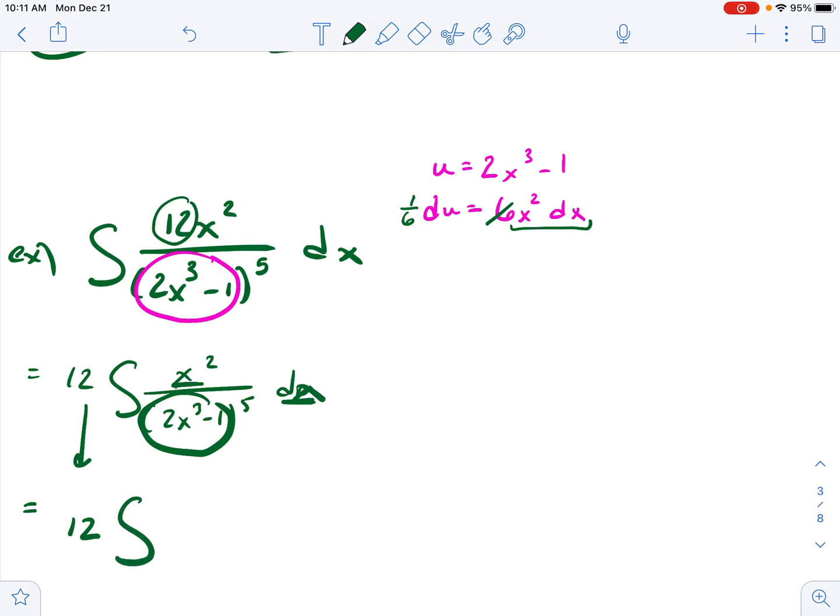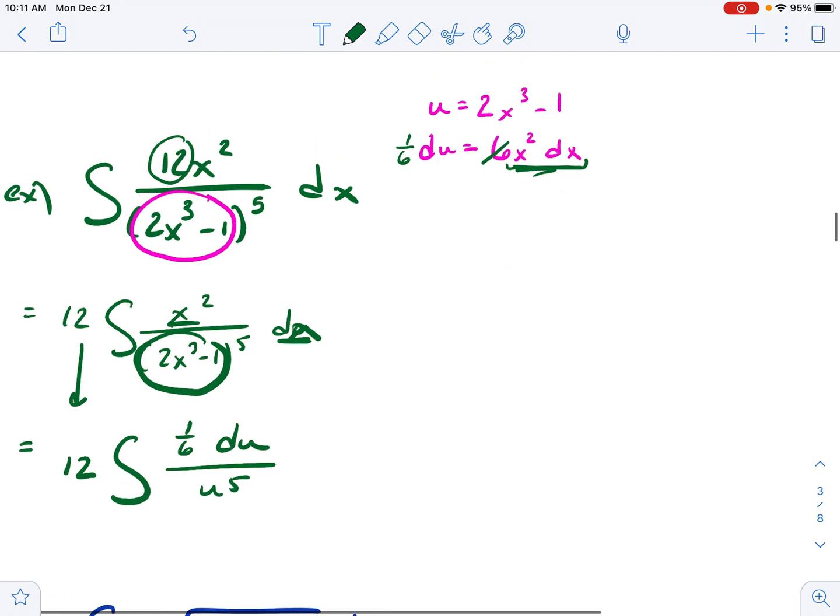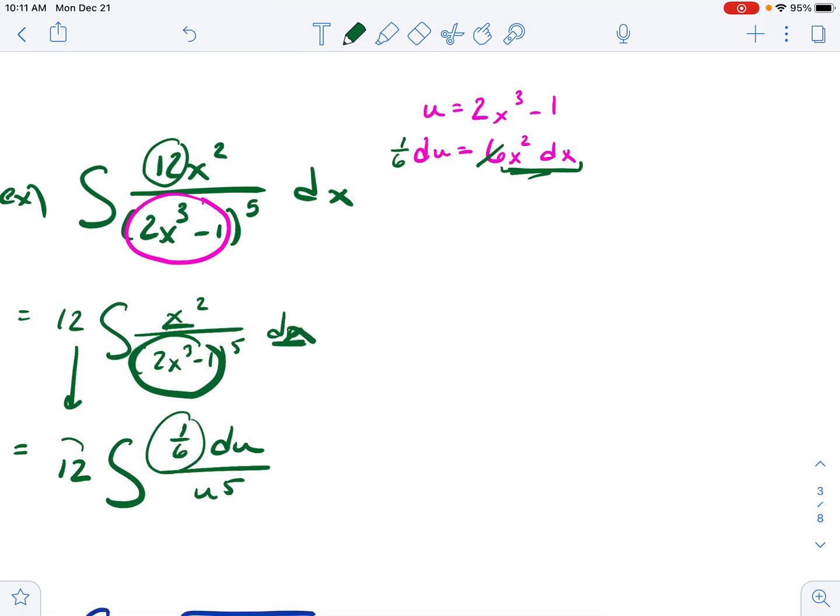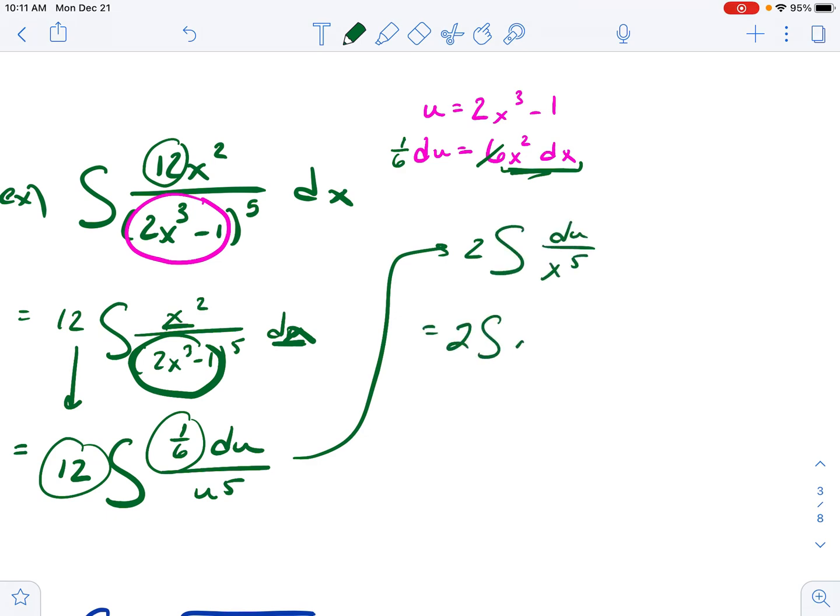I can replace my denominator with u to the 5th, and then my x squared dx became 1/6 du. Looks ugly, but we can clean this right up. What's 1/6 of 12? Put those together, you get a 2. I can write this as 2 integral u to the negative 5th du.